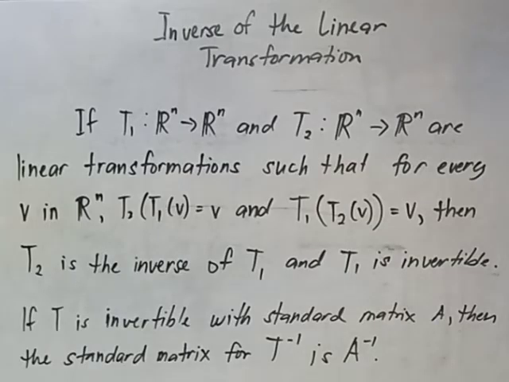Okay, so let's get into the inverse of a linear transformation. If the transformations T sub 1 from Rn to Rn and T sub 2 from Rn to Rn are linear transformations such that for every V in Rn, T sub 2 of T sub 1 of V is equal to V, and T sub 1 of T sub 2 of V is equal to V, then T sub 2 is the inverse of T sub 1 and T sub 1 is invertible.